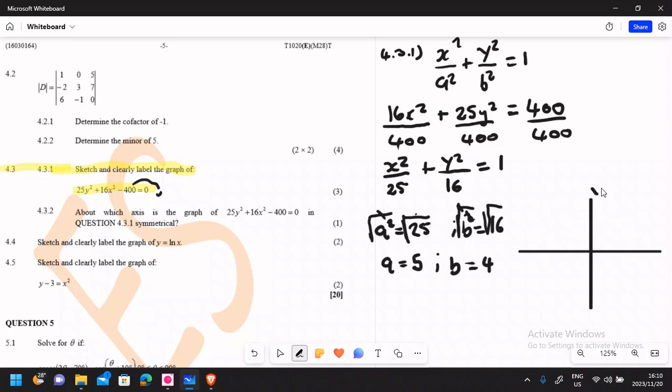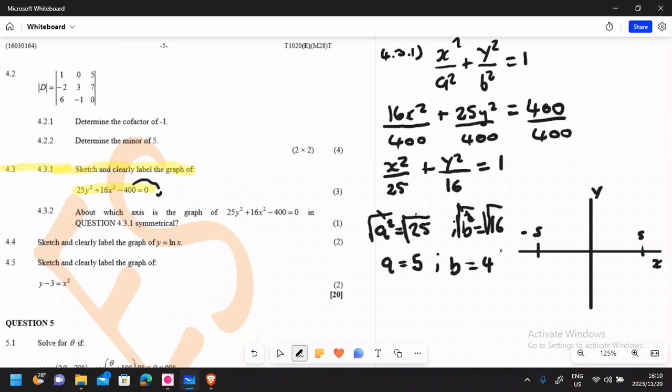So this is the y-axis, and this is the x-axis. All right, so a, which is on the x-axis, you can say this is going to be a, which is 5. There we go. And then this one, let's say it's also here. Then you have to measure, guys. This is going to be 5, and this is going to be -5. Time is not on your side, guys, so make sure that you don't waste time.